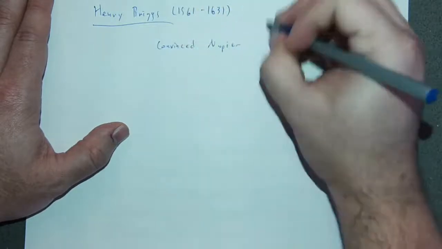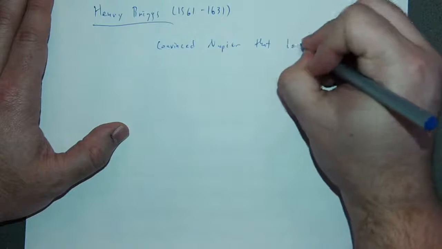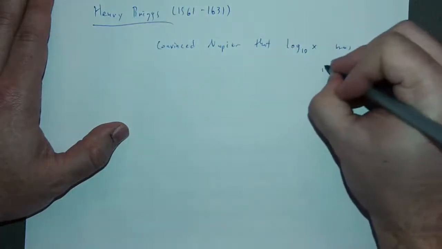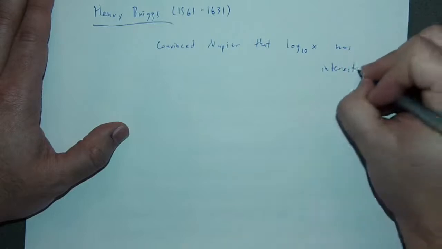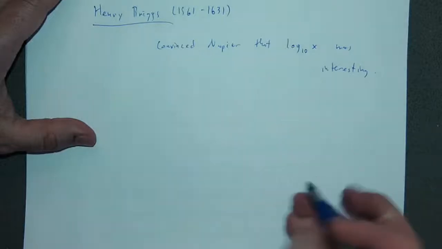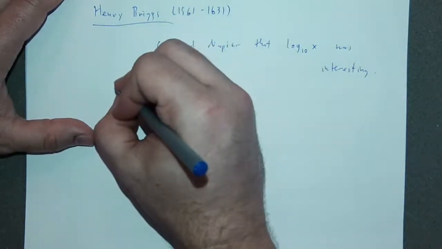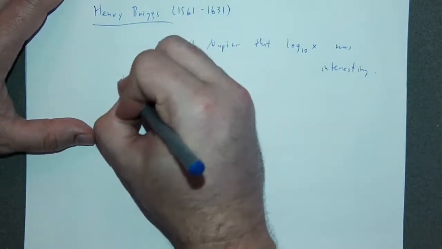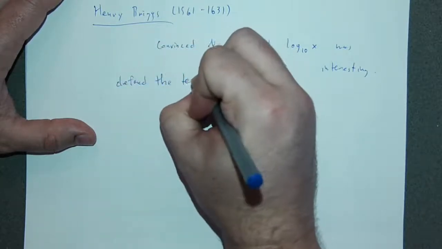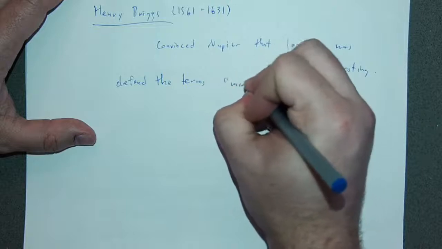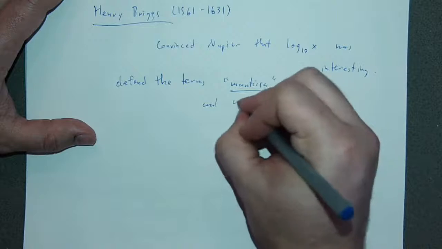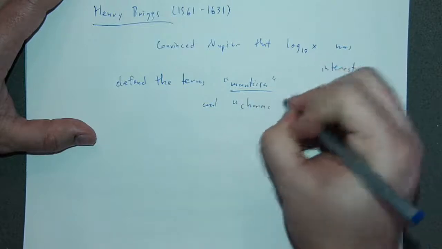So he convinced Napier that log base 10 of x was interesting and had several applications. In this vein, Henry Briggs is the one who defined the terms mantissa and characteristic. So what are these things?